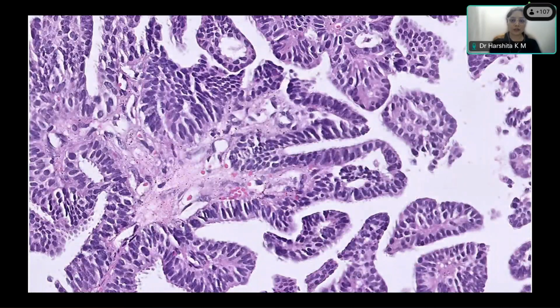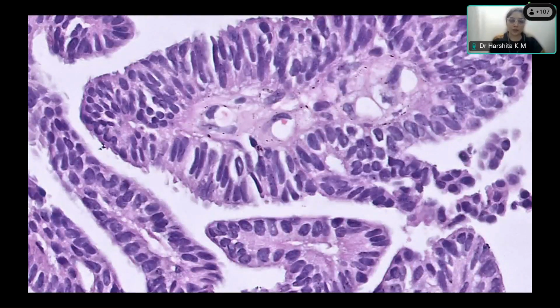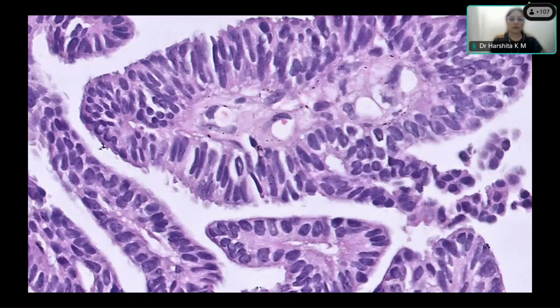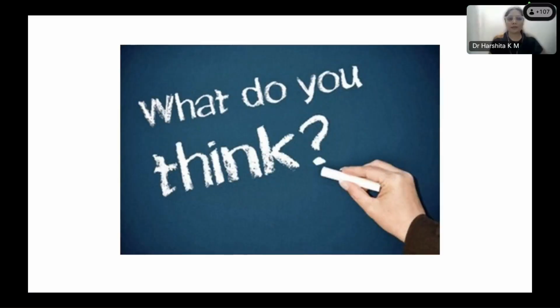On higher magnification, nuclei show pleomorphism with nuclear stratification noted. Mild to moderate nuclear pleomorphism is seen with hyperchromatic nuclei. And the fibrovascular core shows dilated capillaries. So there is loss of myoepithelial cell layer. Ma'am, my diagnosis is DCIS papillary variant.